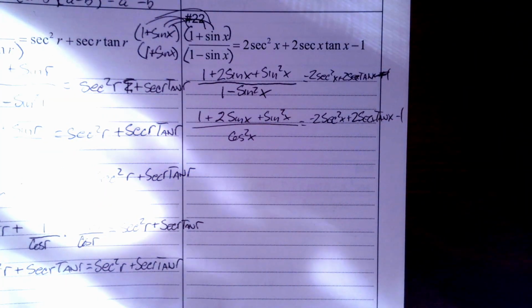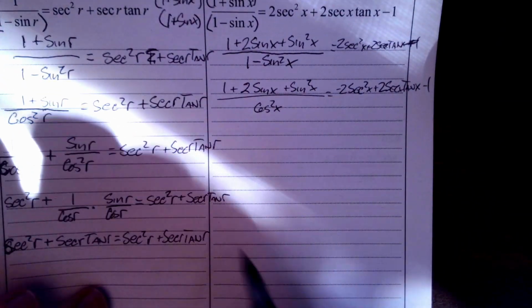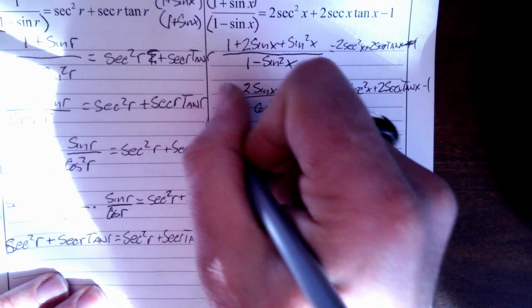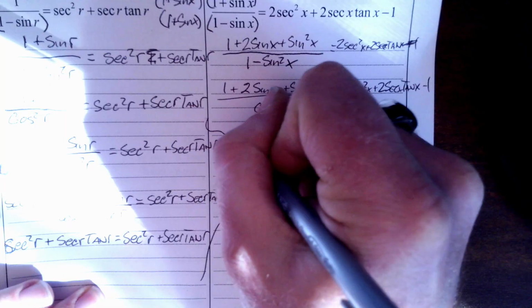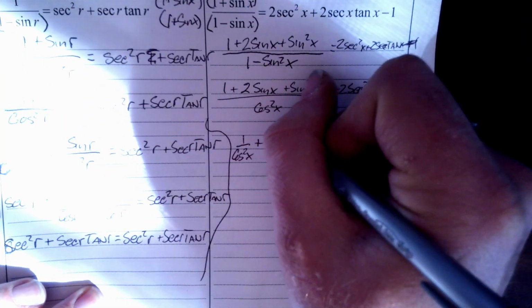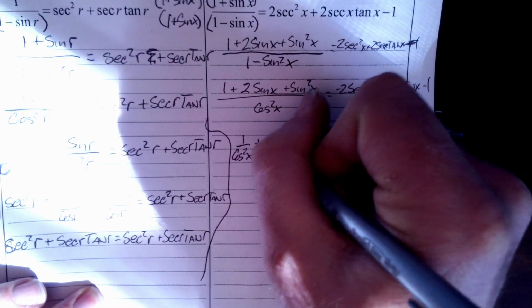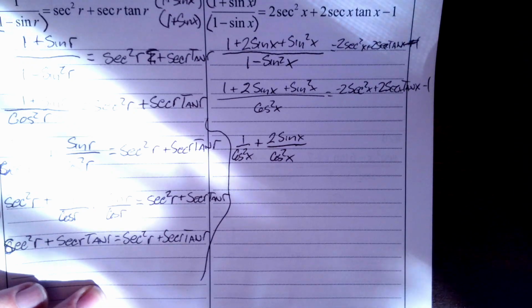So once again, we can split up addition and subtraction in the numerators, the tops of fractions, just using common denominators. So we have 1 over the cosine squared from the 1 up here, plus 2 times the sine over the cosine squared, which we saw in the previous problem.